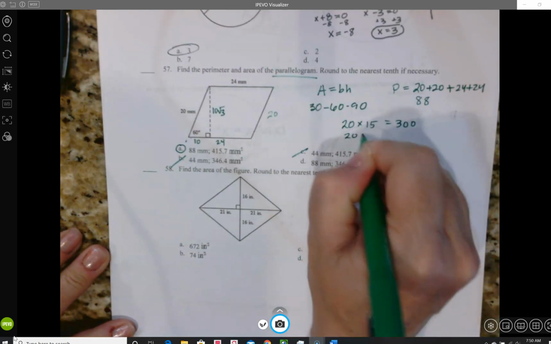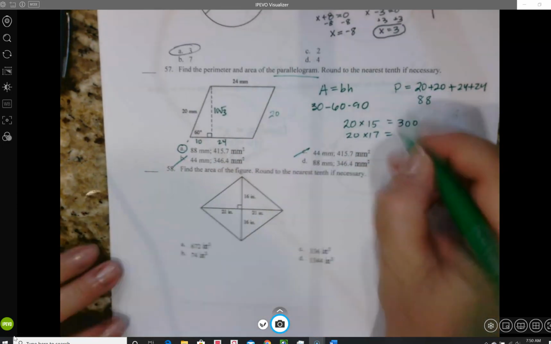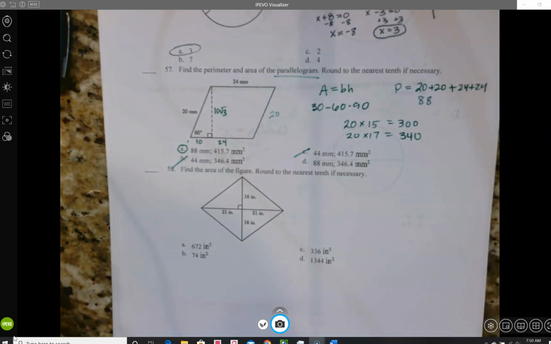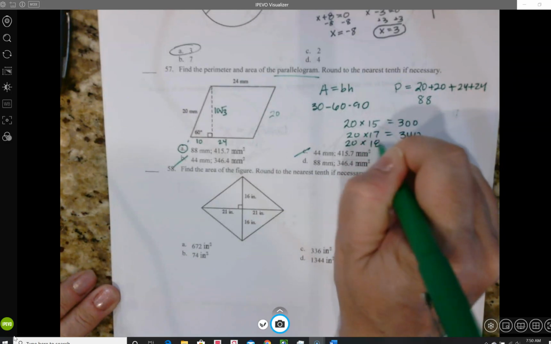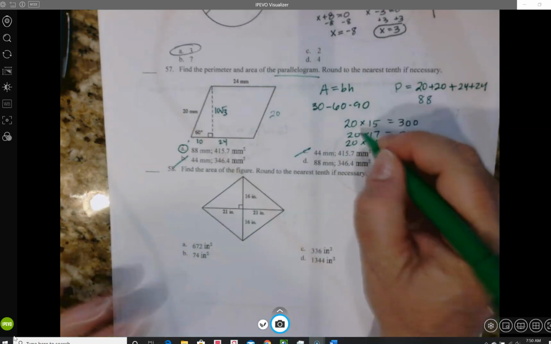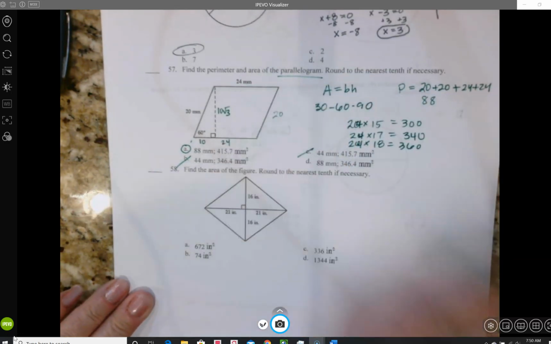If you do 20 times 17, you get 340. You do 20 times 18, 360. Well, hang on a second. Oh, sorry, not 20. We want to do 24 times all those numbers if we're estimating our height.